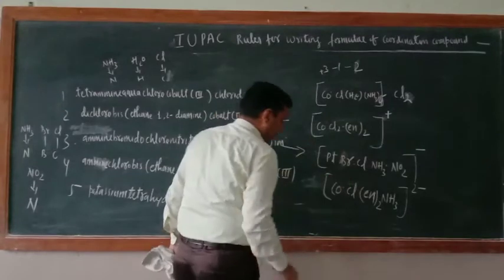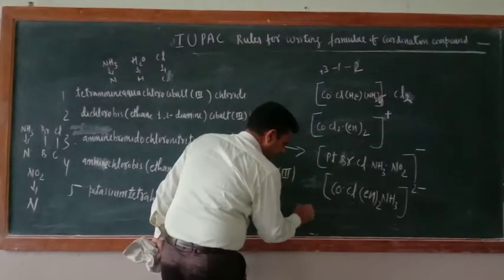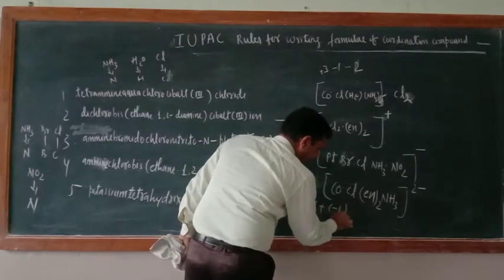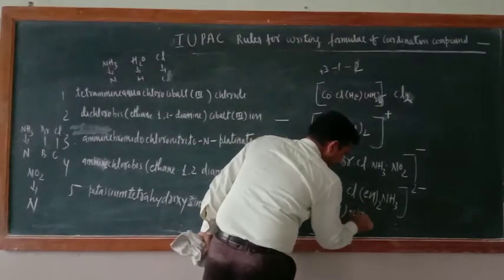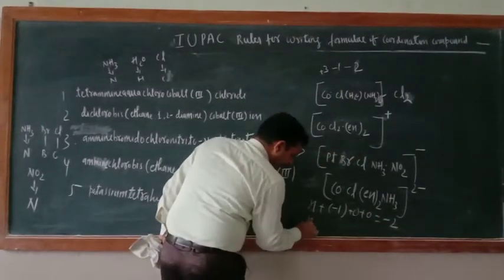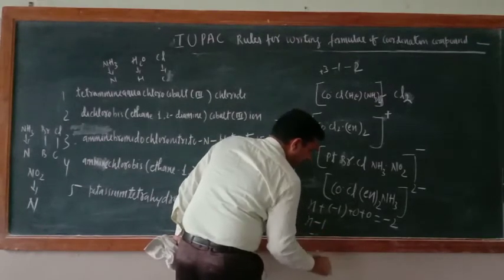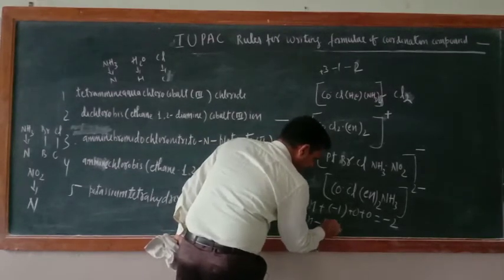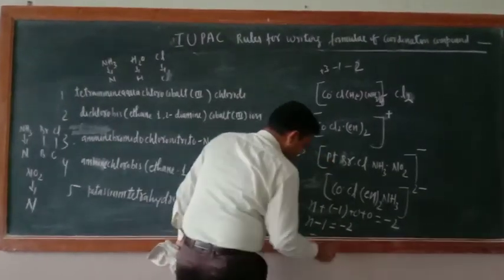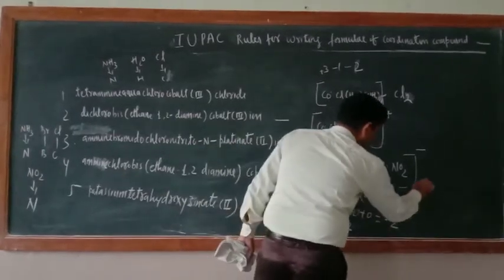Now check. Let us say its oxidation state is X plus -1, 0 plus 0 equal to -2. So X minus 1 equal to -2. So this will be +3. Here put 2 positive charge.